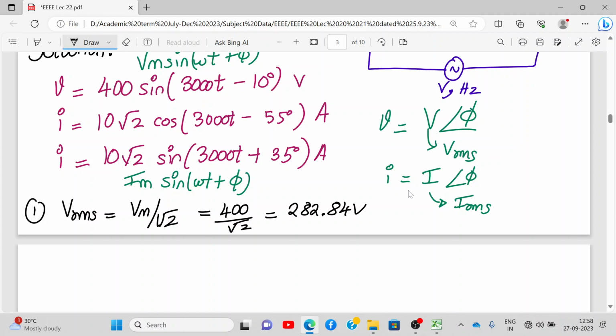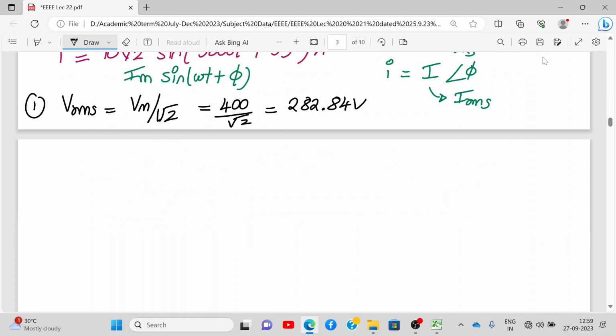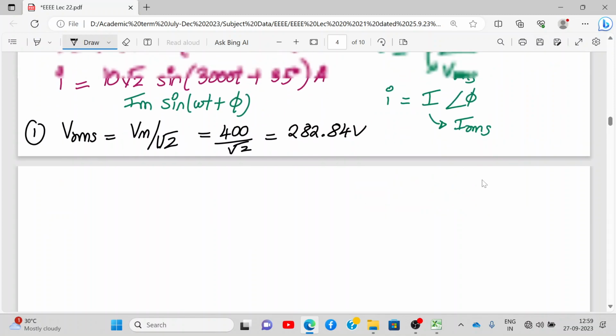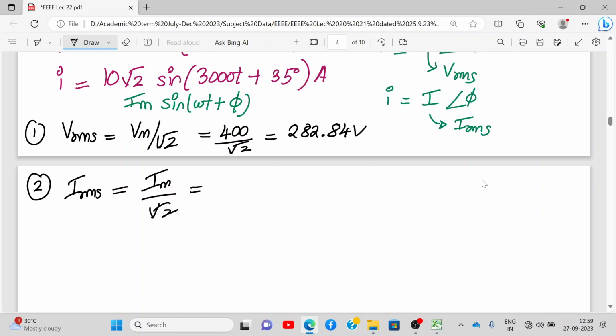Then calculate IRMS. What will be IRMS? Im by root 2. So 10 root 2 divided by root 2, that will be 10 amperes.